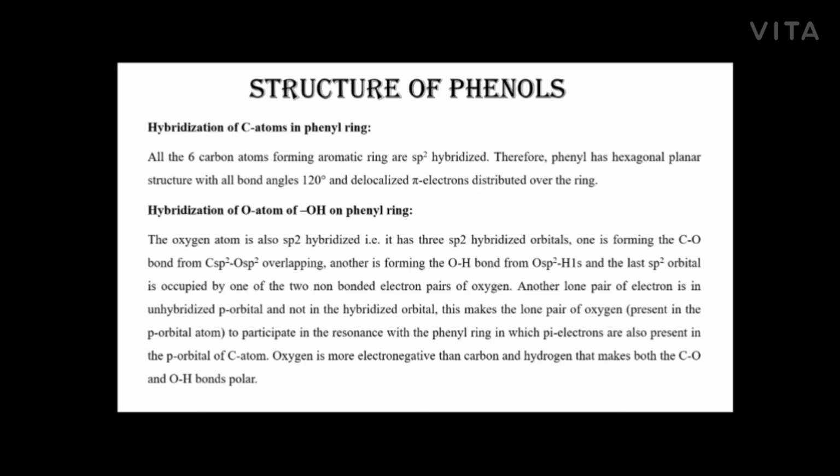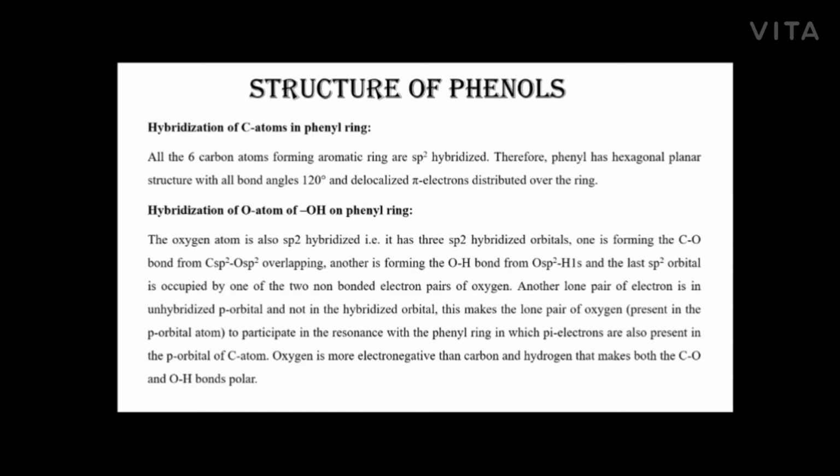So the hybridization over there is sp2, which means the carbon atom's s and 2p orbitals are hybridized, and we get 3 hybridized sp2 orbitals. So phenyl, because of this sp2 hybridization, has a hexagonal planar structure with bond angles of 120 degrees, and it also has delocalized pi electrons, which results in the stability of these phenolic compounds.